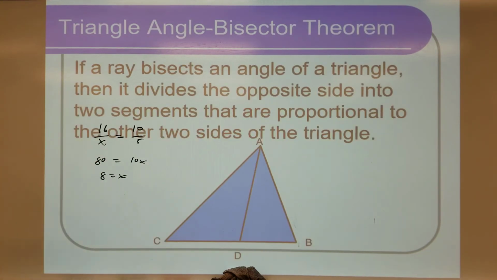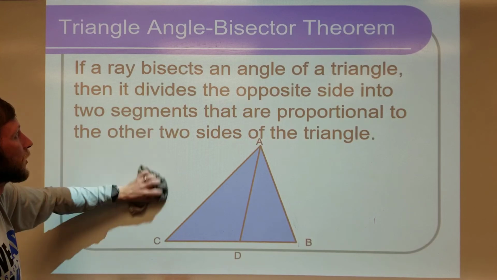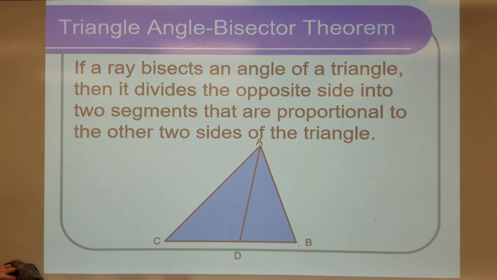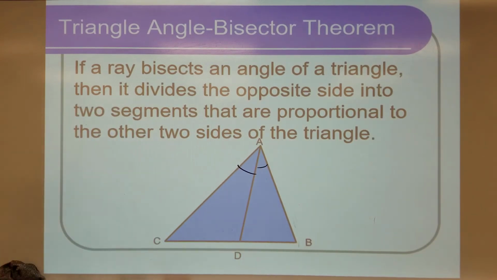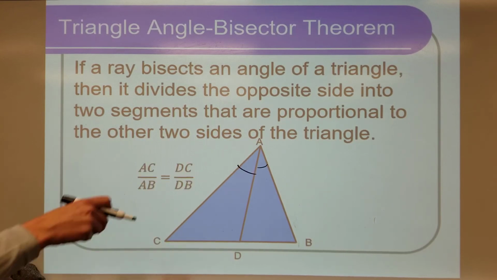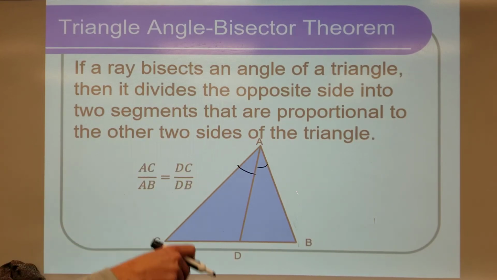The next piece is the angle bisector theorem, and this is pretty fun. It can be a little confusing, and it's a little hard to prove this theorem, but basically, if we cut this angle in half, then we create segments that are proportional to the other sides of the triangle. It's kind of a beautiful thing here. We would say that AC over AB is equal to DC over DB.